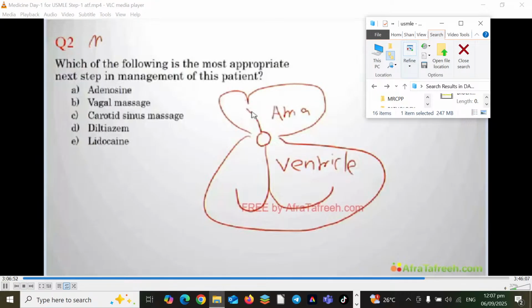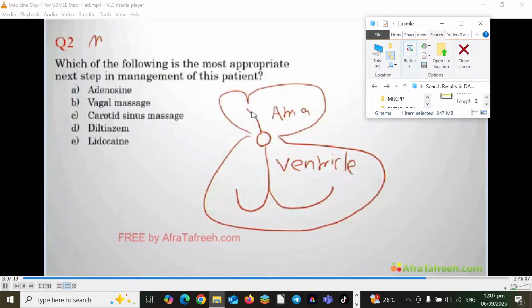If you want to treat an arrhythmia, what is the dreaded complication? The dreaded complication is that the ventricle will start contracting so much that it has no time to fill up and it will not eject out properly. So the patient will have hypotension, the patient will have stroke.